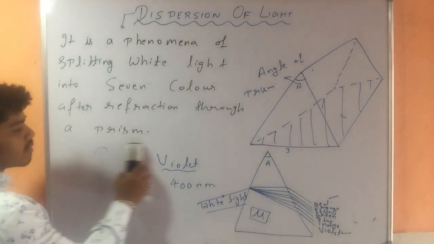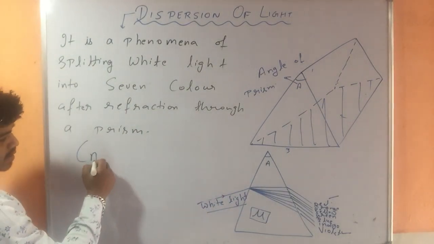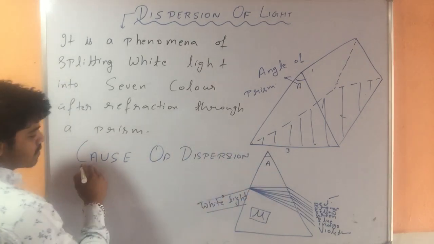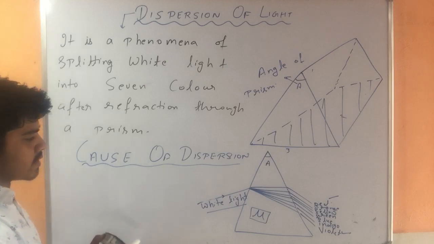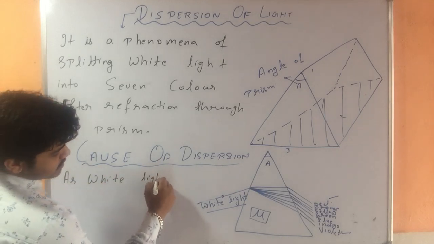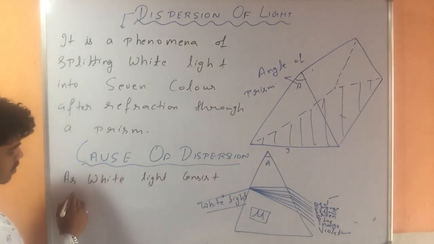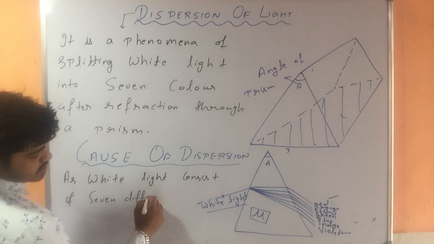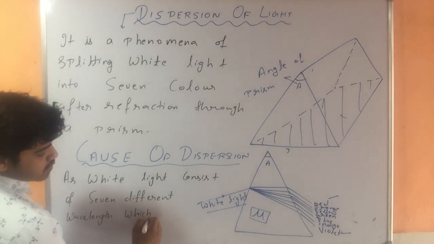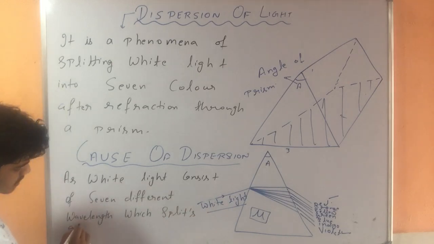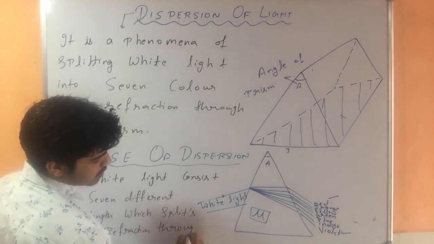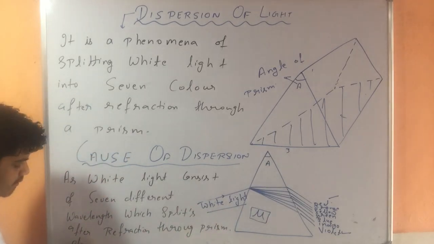In the cause of dispersion we can write that white light consists of seven different wavelengths which split after refraction through a prism due to its refractive index.